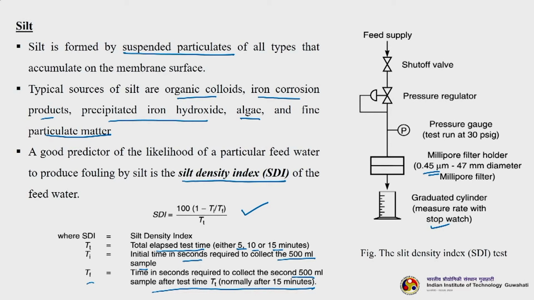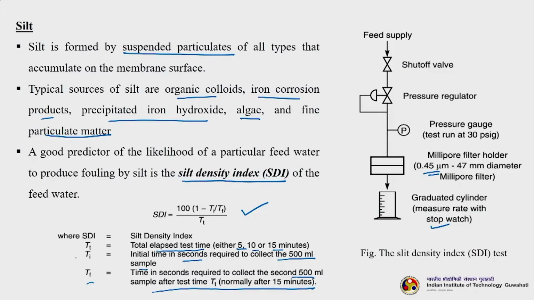First you start the time and count the time till you collect 500 ml of the initial sample. Whatever time it takes to collect the first 500 ml is called Ti.